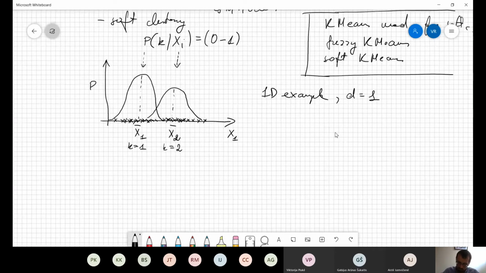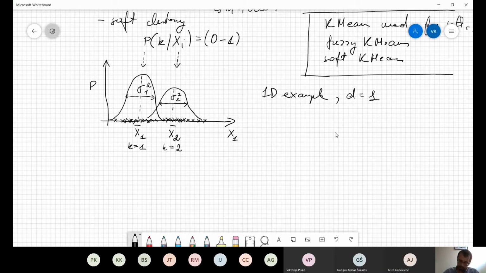The first parameter is the center, which is the average of the distribution, and the other one is the variance. So variance is basically the difference from the center. So we will use sigma squared 1, sigma squared 2, if we want to express these two.